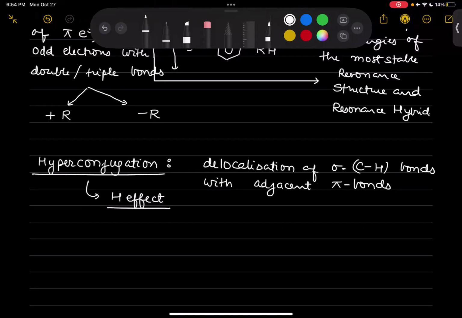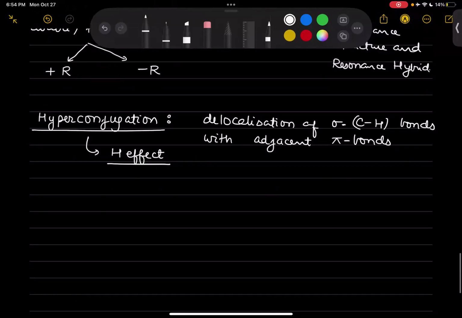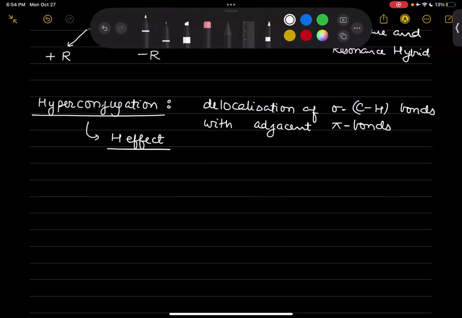So I need to depict hyperconjugation. It is a C-H bond that participates with the adjacent double bond.